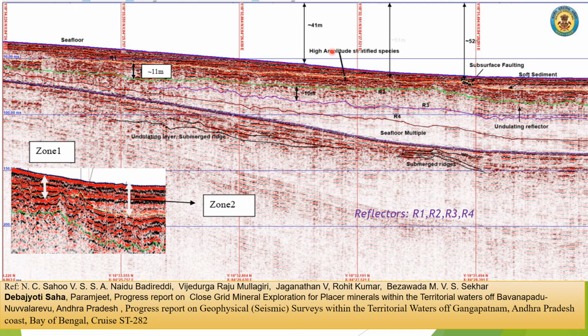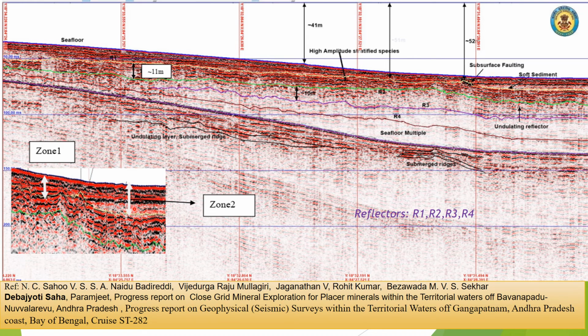There is a high amplitude stratified layer, meaning higher acoustic impedance, density times velocity. You can see by its high amplitude nature, and that thickness is shown here as 10 meters. There are different thicknesses. So zone 1 and zone 2 are marked by these two.